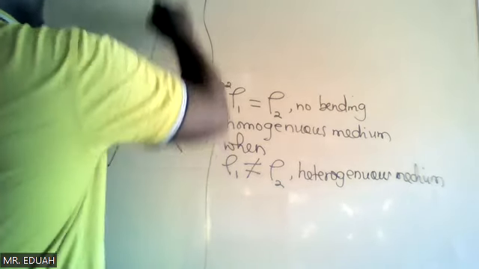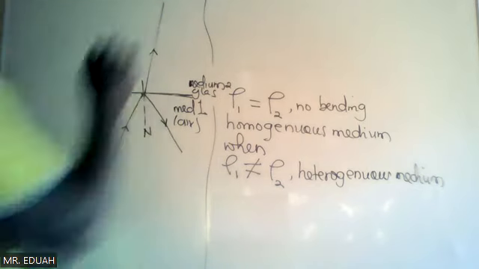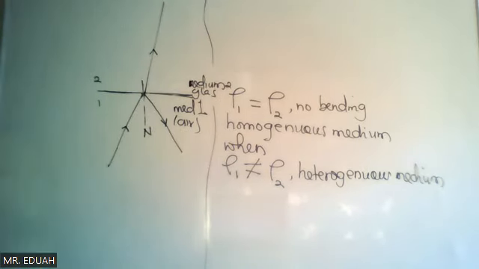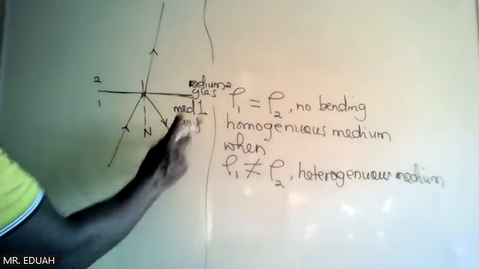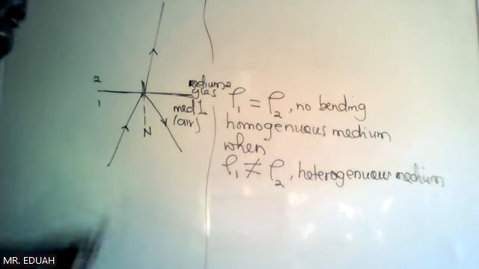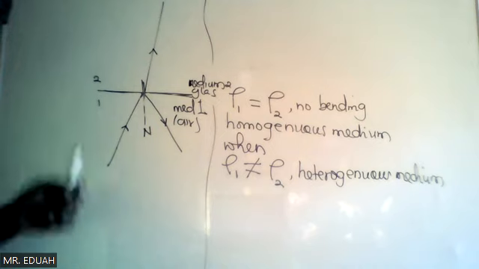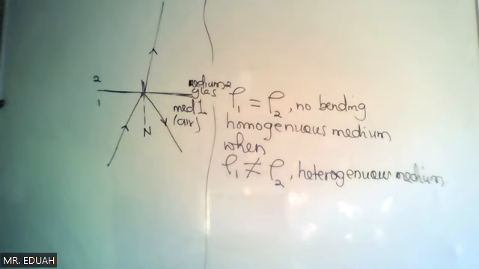A greater part or chunk of the incident light is refracted when the light is moving from a less dense medium, air, to a more dense medium, glass or water. Okay, so this will only happen when we have two different media of different densities.